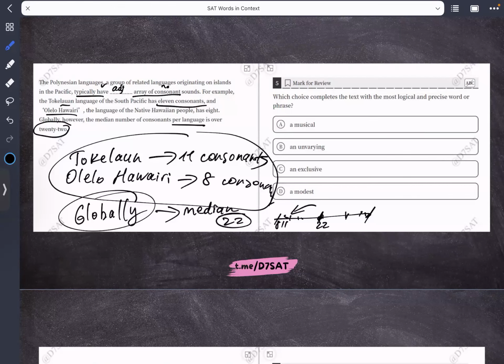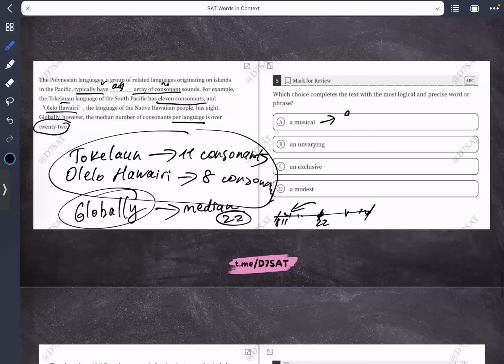So typically have musical, defines the quality. Also, one more tip I forgot to share is quality versus quantity. Not only in wording context, but reading passage as well, quality versus quantity. Don't forget this one.